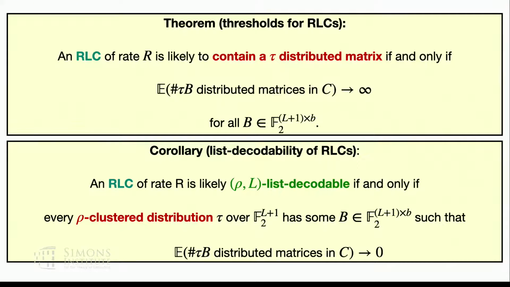We're also allowed to take some B and show that the expected number of tau B's in the random linear code goes to 0. And what we've proven is that this is a complete method. If I restrict myself to finding such a B for every tau, then I'm not losing anything. Anything that can be proven about random linear codes can be proven this way. This is the corollary.